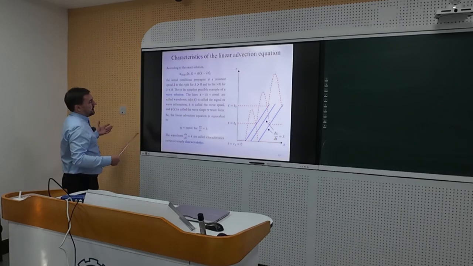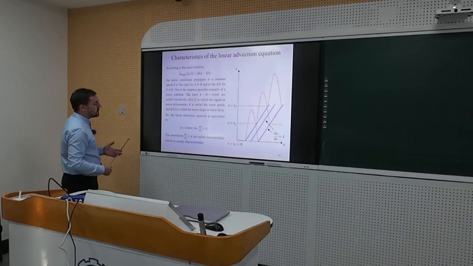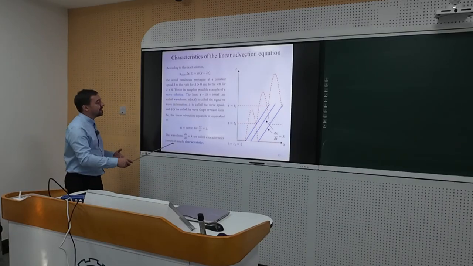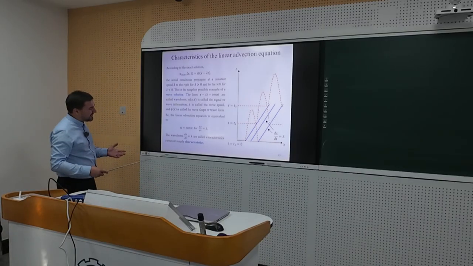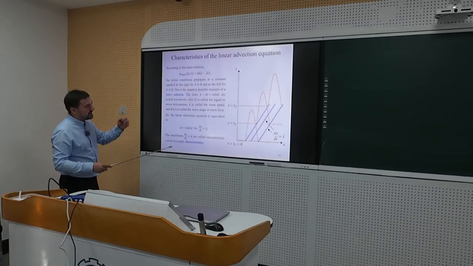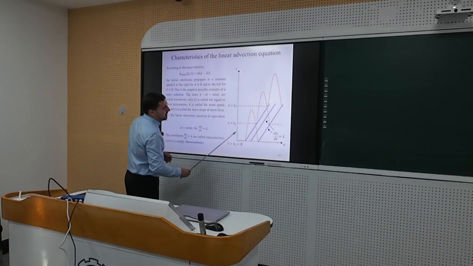So we can say that the linear advection equation is the same as u being constant for dx over dt equals lambda. The wavefronts dx over dt equals lambda are called characteristic curves, or simply characteristics. So characteristics are curves, or here just straight lines, along which the solution propagates without changing.